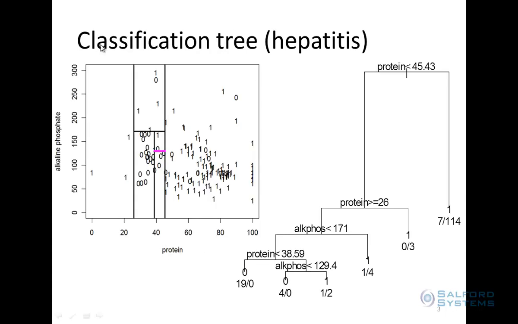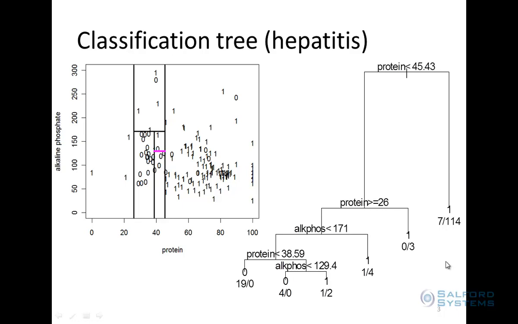And it's based on trees. So if you haven't seen a tree, here's a very simple example of a tree in 2 dimensions. They're generally grown in more than 2 dimensions, but this one I grew so that I could show you what it looks like. The tree is on the left, and this was an example on hepatitis, where what they were trying to do is classify people as having hepatitis or not.